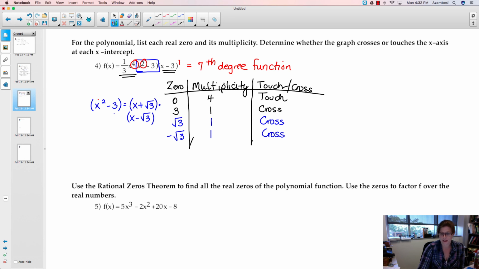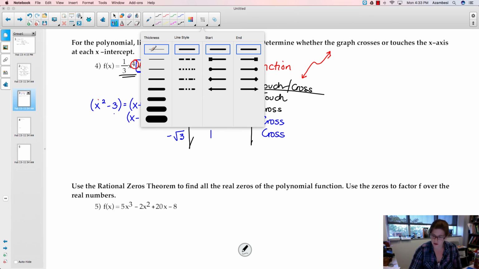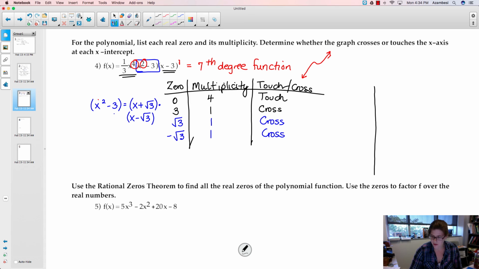Remember, any odd degree function looks kind of like a cubic, so I would expect it to look something like that going in. Now the square root of 3, if I were to approximate that, somewhere between 1 and 2, 1.7.